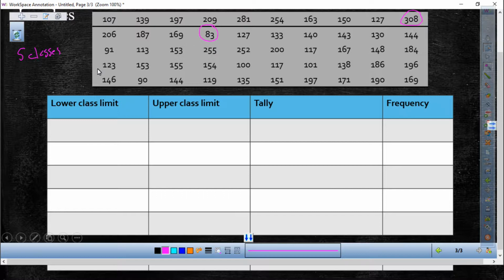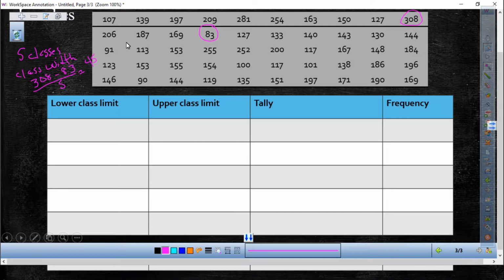So our class width is going to be 308 minus 83, and we're going to divide that by 5. And we're going to get 45.